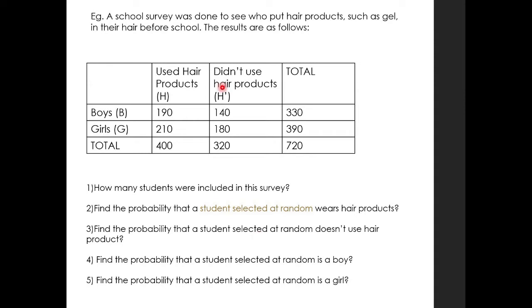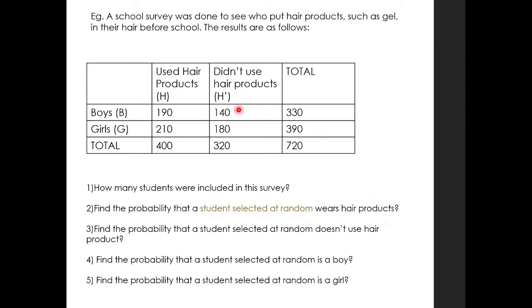So firstly, what is the use of tables? This is an example of experimental probability. An experimental probability is using the past to predict the future, to say how likely something in the future is, right? So we might want to know, for example, what is the probability that a student selected at random wears hair products.